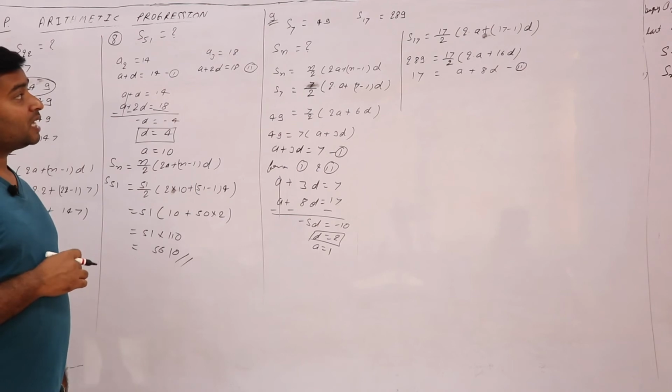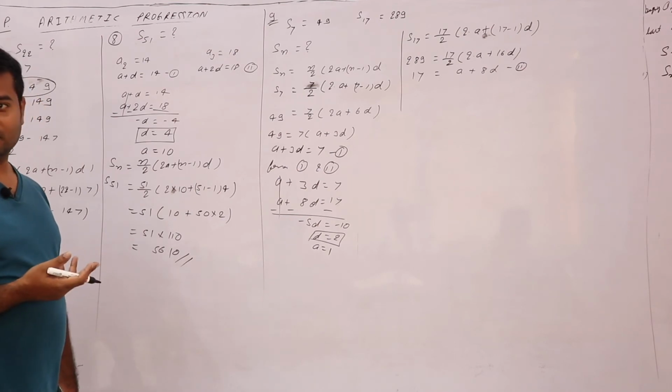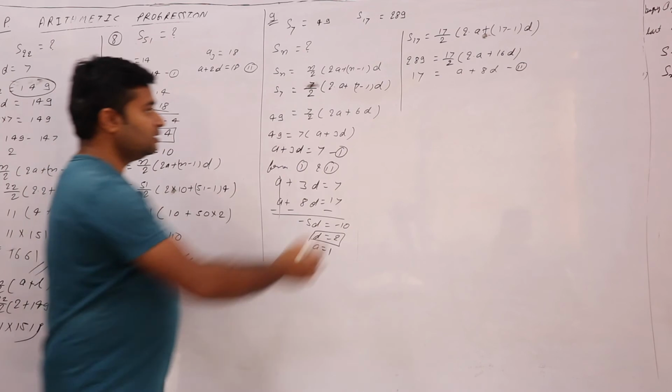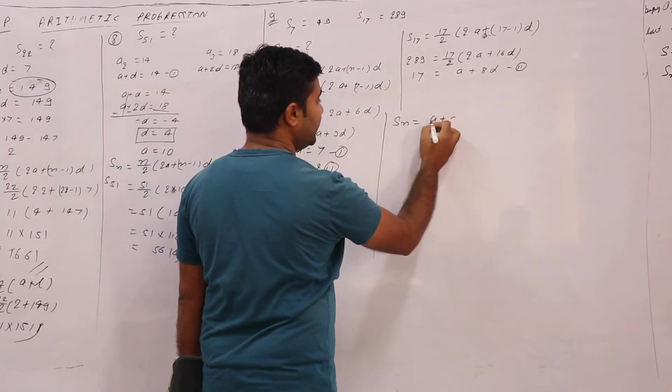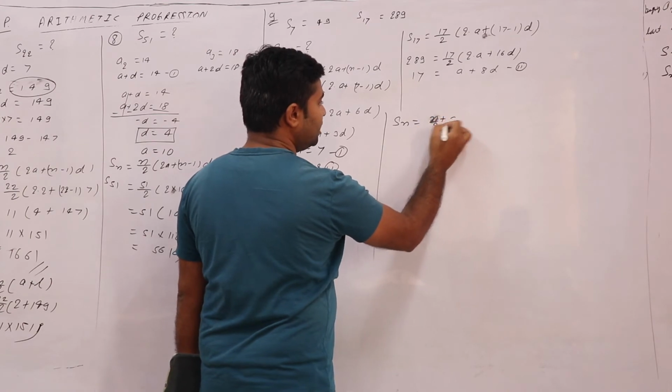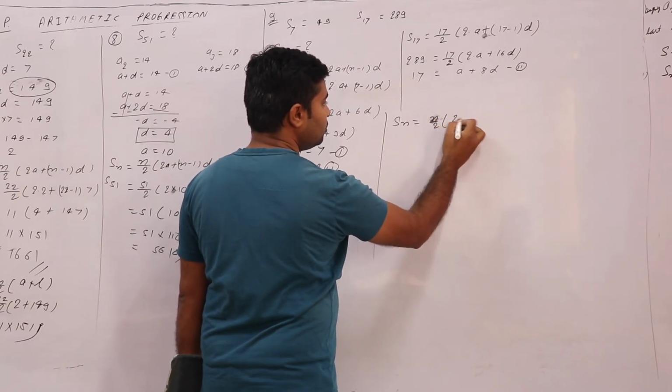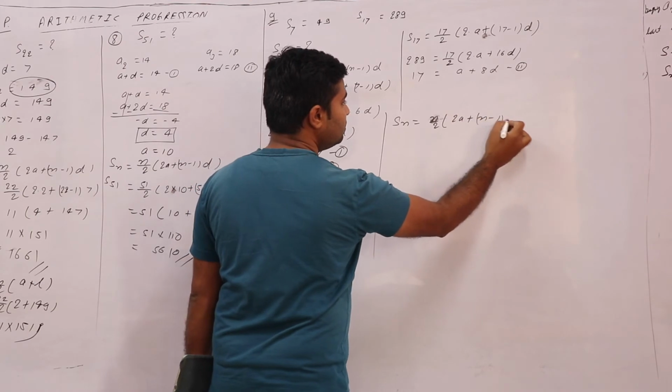But the question is asking what is Sn. So I am writing here: Sn is equal to n by 2 into 2a plus n minus 1 into d.